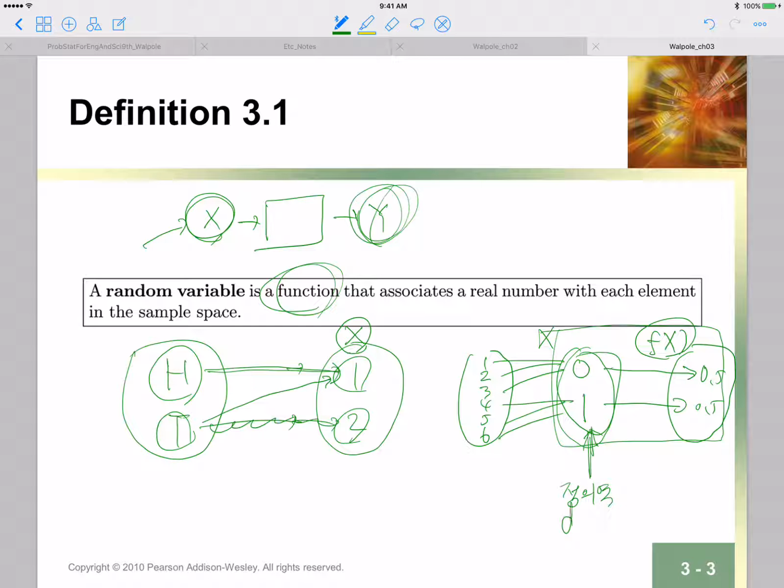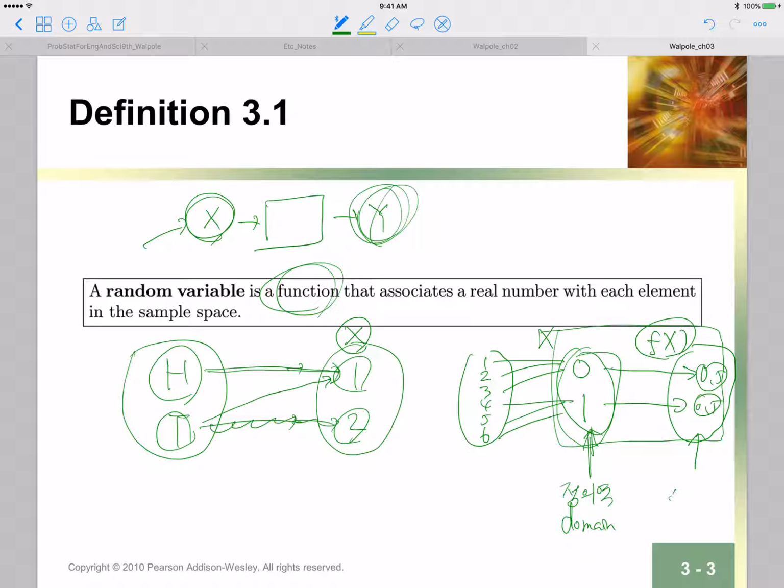In English it's called the domain, right? And this is called the codomain, right? And those values that actually get hit by the arrow are called the image.